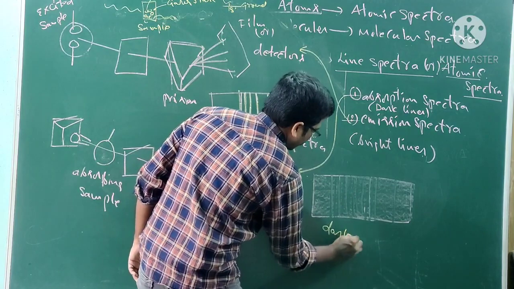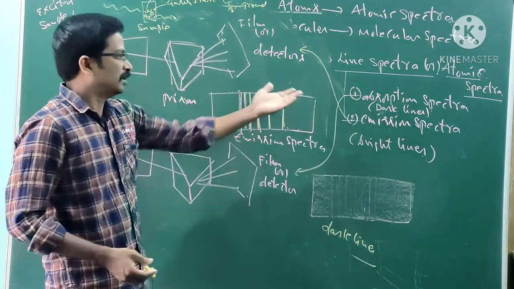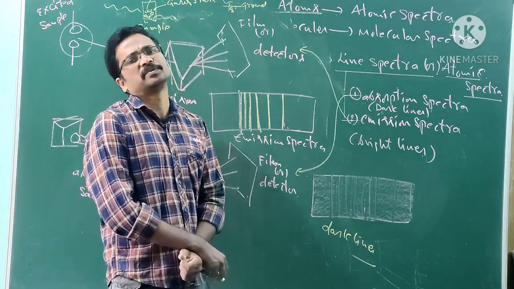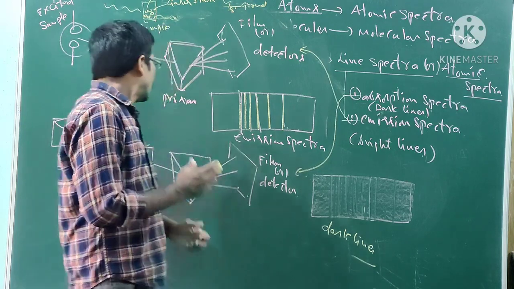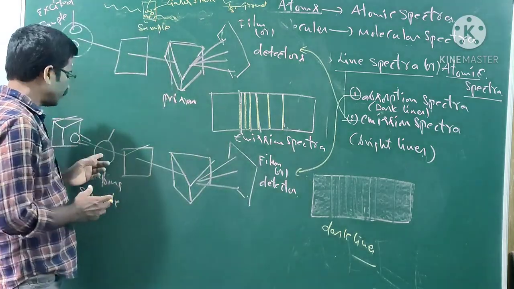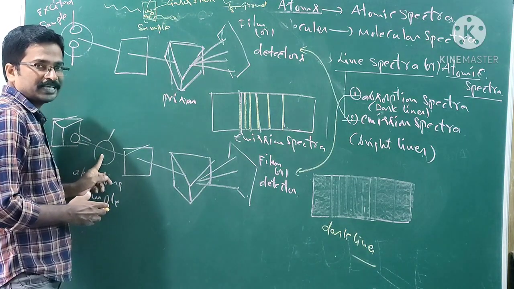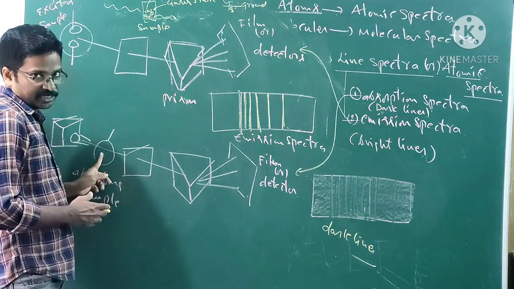Previously we saw that dark lines appear in absorption spectra. Why are dark lines present in absorption spectra? Because whenever white light falls on a sample, the sample contains atoms in the gaseous phase.